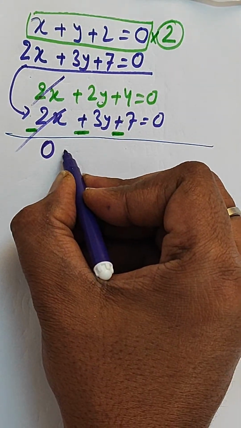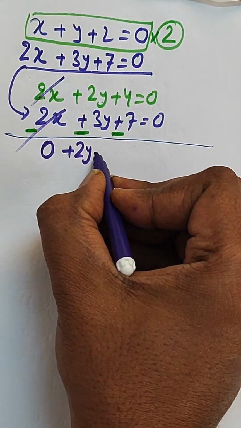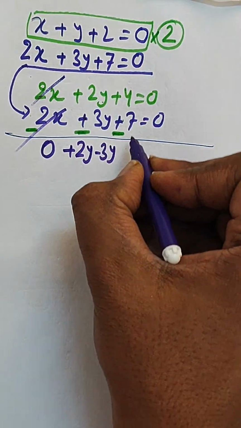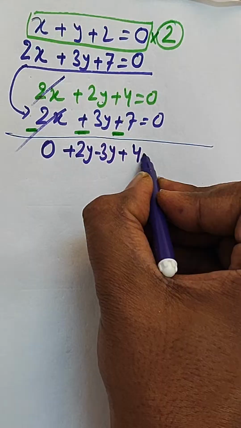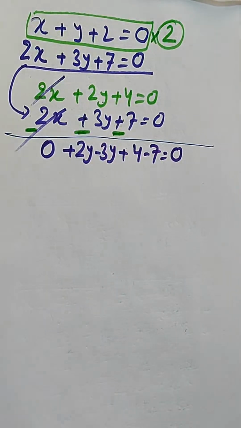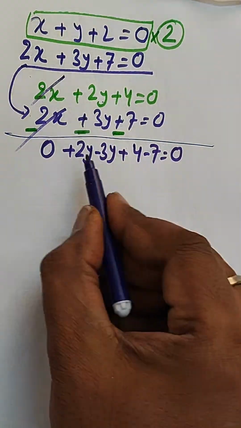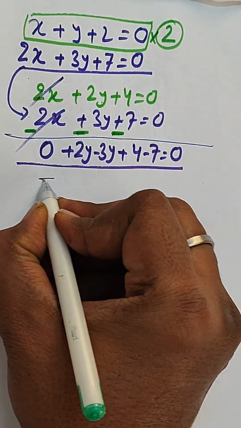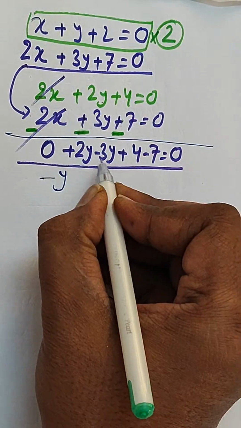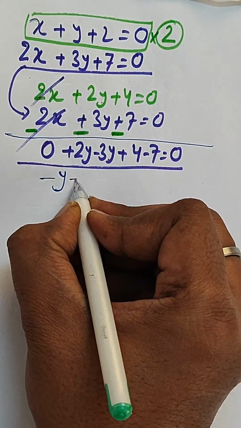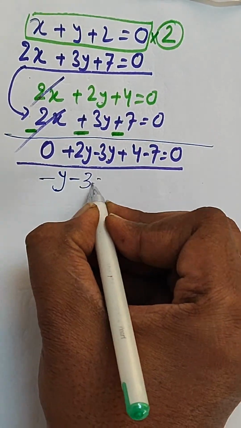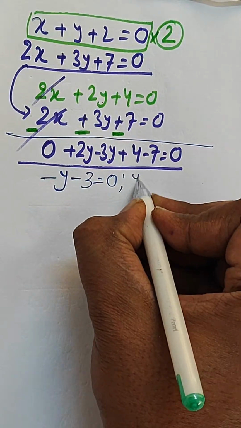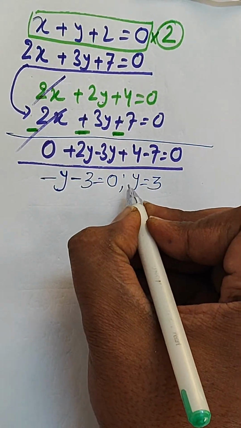So this will be giving you plus 2y minus 3y, right, plus 4 minus 7 is equal to 0, right? And this equation will give you minus y, 2y minus 3y is minus y, minus 3 is equal to 0, which will give you finally the value of y equal to 3.